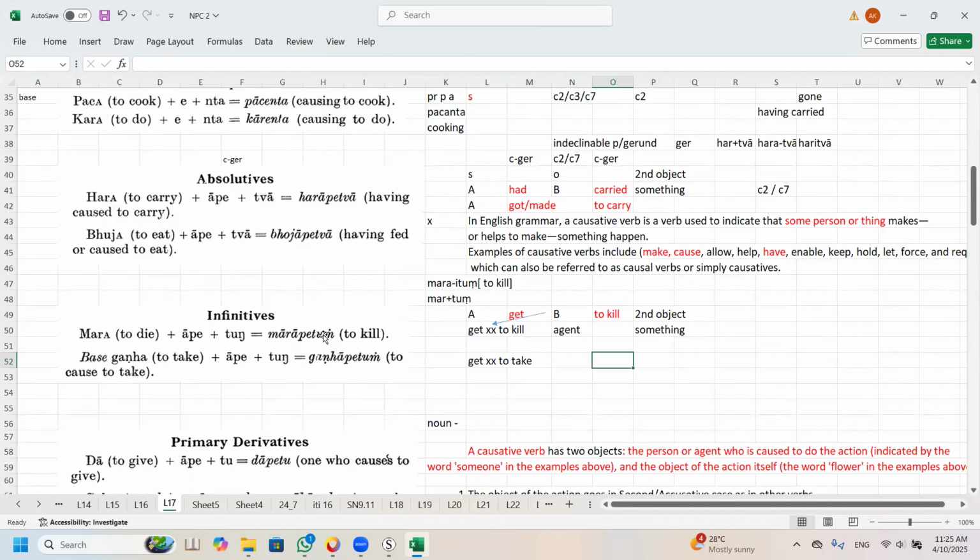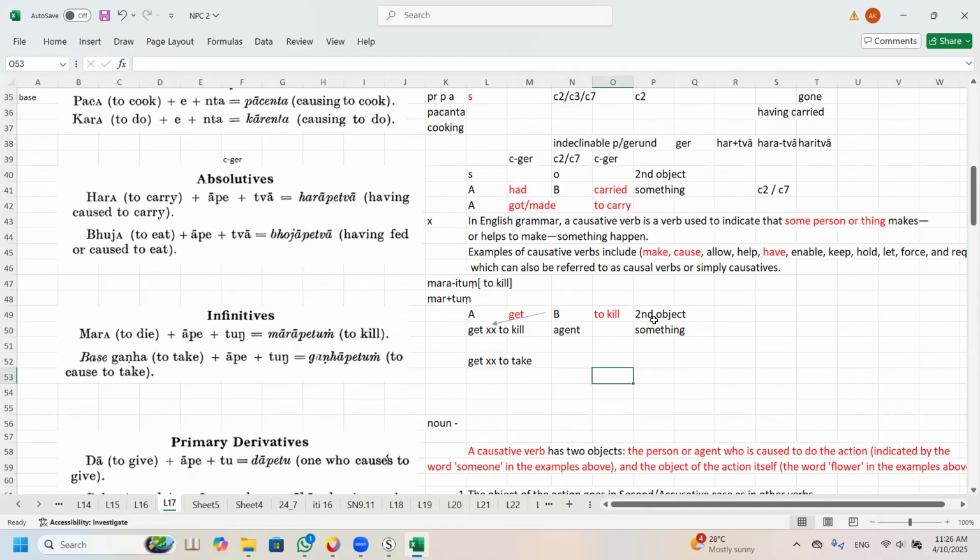So does the agent have to be in the instrumental case, Brother Alfred? Accusative. Instrumental? No. Okay, noted, thank you. The agent is B. So you get it. This is the important part. Once you get this, you can see this is the rule that you need to follow, and that means you will definitely take two objects.